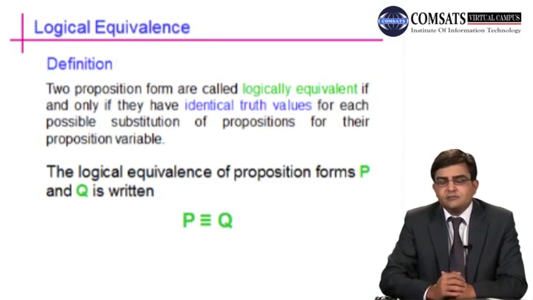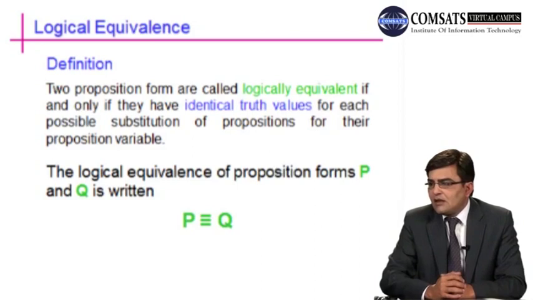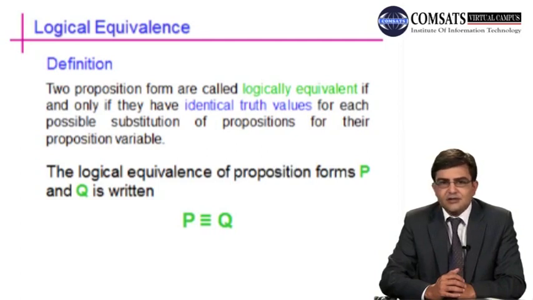By definition, if we have two propositions, then the propositions are called logically equivalent if and only if they have identical truth values for each possible substitution of propositions for their proposition variables.